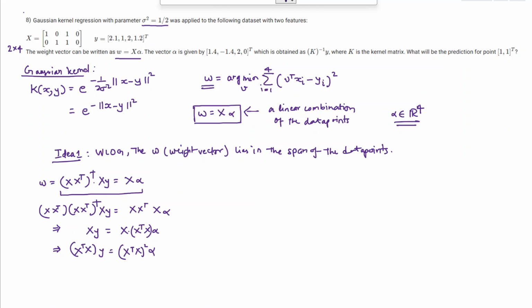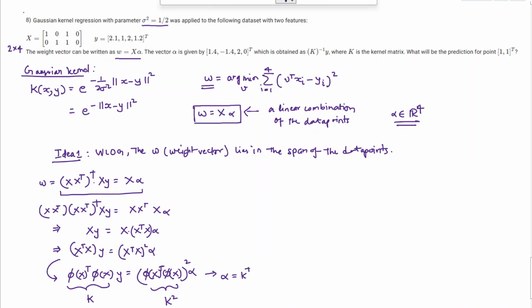In kernel regression, X transpose X is replaced by phi(X) transpose phi(X), times y equals again (phi(X) transpose phi(X)) whole squared times alpha. Again, this is exactly what we call K, and this is K squared. That is how it works. And from here we can say that alpha is nothing but K inverse of y.